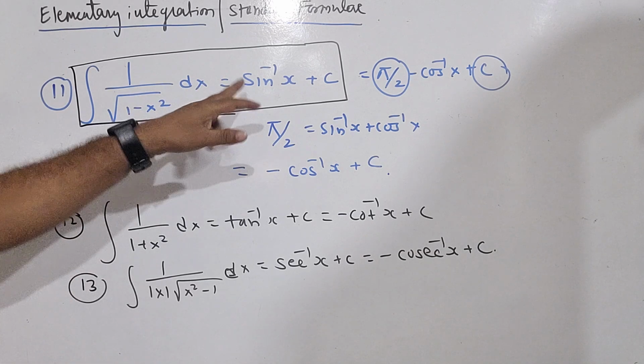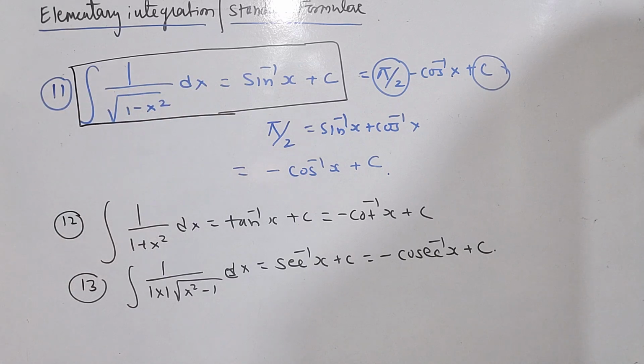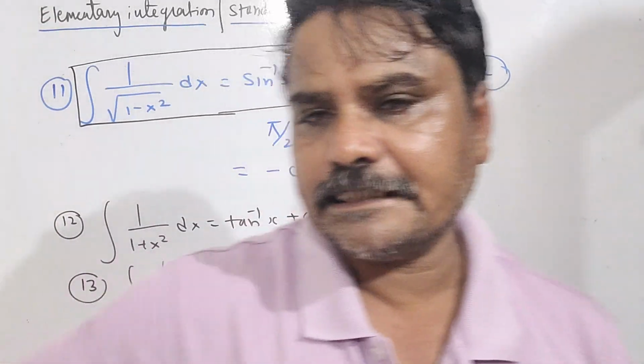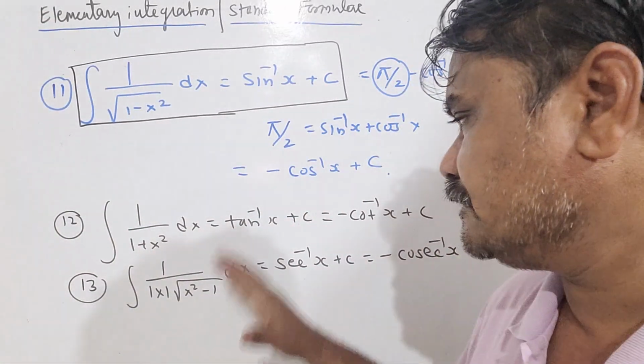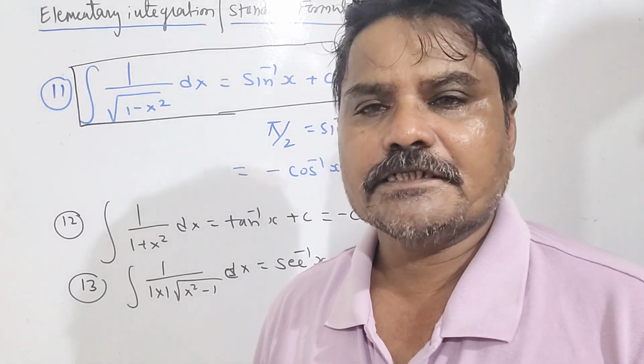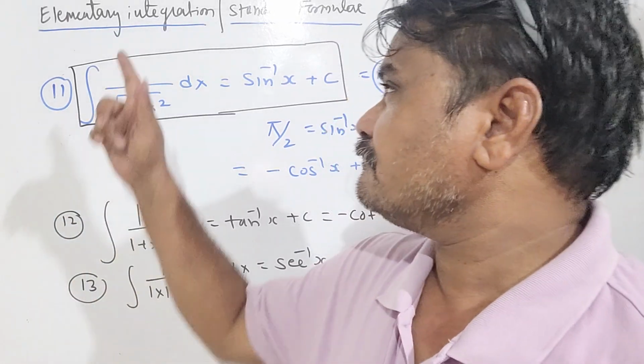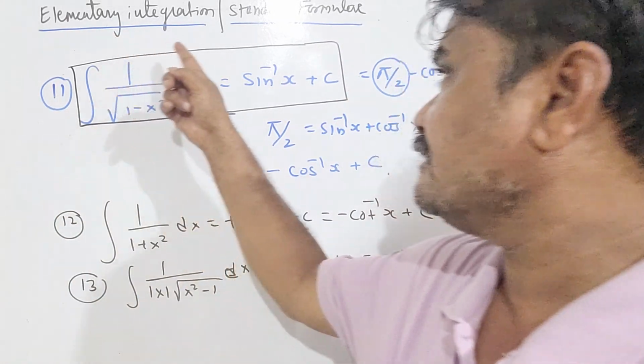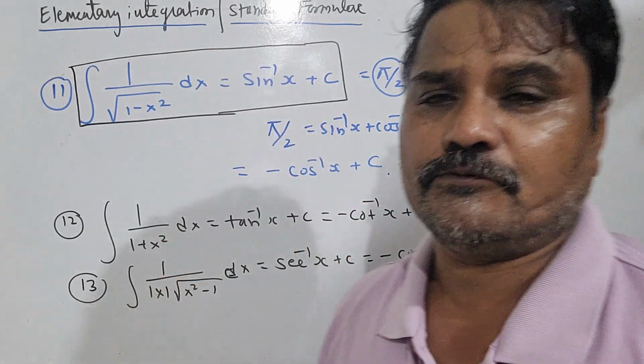I know the differentiation of sine inverse x, I know the differentiation of tan inverse x, and I know the differentiation of sec inverse x, and because of that we can develop these integration formulas, because integration is the reverse process of differentiation, and therefore we call them elementary integrations or the standard formulas.